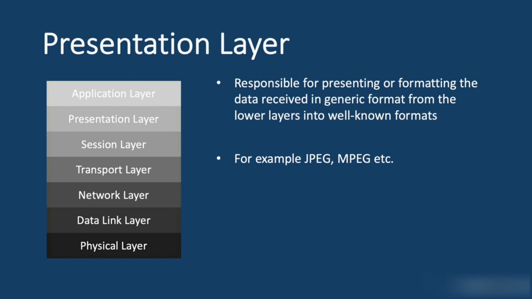So it's the presentation layer that's responsible for taking the data that comes from these lower layers in the form of packets and segments and transforming that into well-known formats that we can understand. The presentation layer is also responsible for compression and encryption.